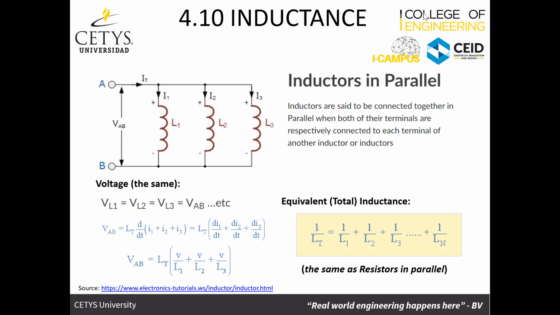The total inductance is going to be the reciprocal of the sum of the reciprocals, same as in resistance. Why? Because again, inductors are based on current, and current is divided when we have a parallel circuit, so that's why it follows the same principle.